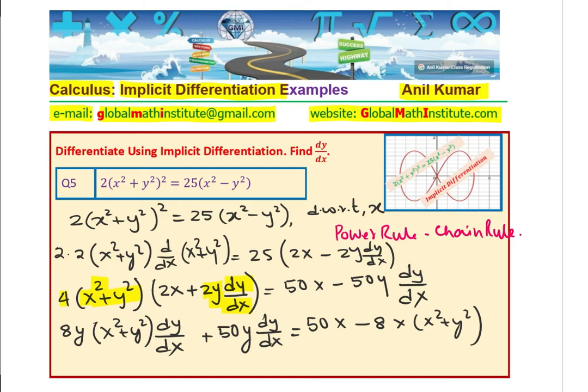Now here you can see we can take 8y dy dx common, right? And then simplify. But let me now divide everything by 2. So 2 is a common factor.